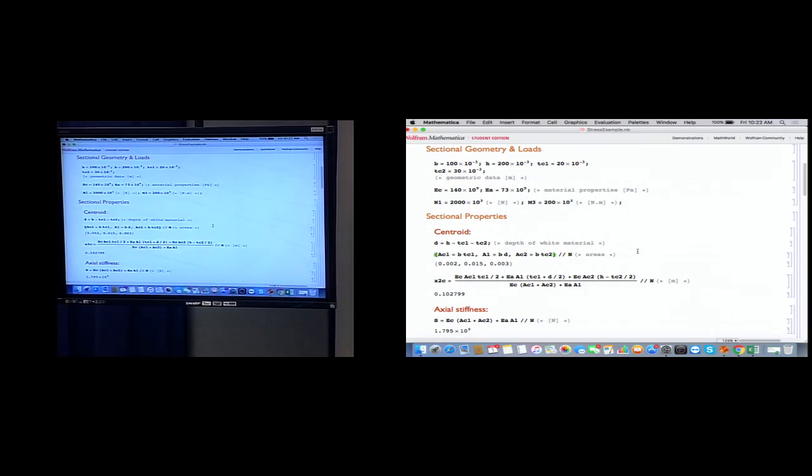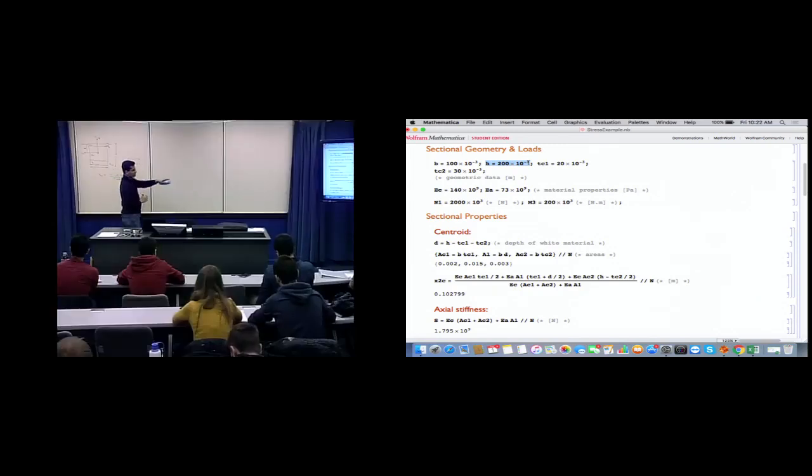So when we evaluate that, we get a value 0.102799, and we know that H is 0.2. So H is 0.2. H over 2 would be 0.1, but our centroid X2C is at 0.102799, right?